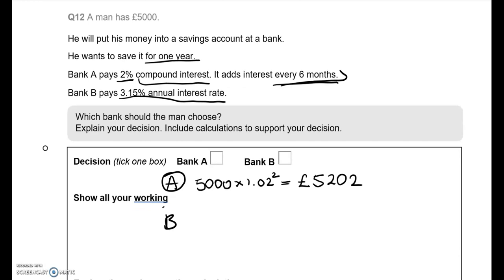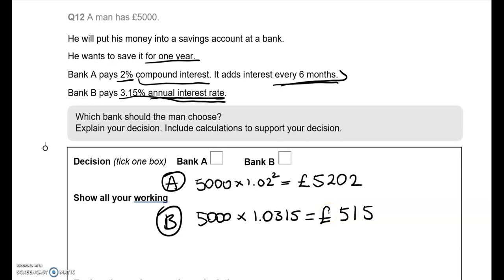Looking at Bank B, 5,000 times 1.0315, and we wouldn't square that because it's just paid once during the year, and this is equal to £5,157.50.